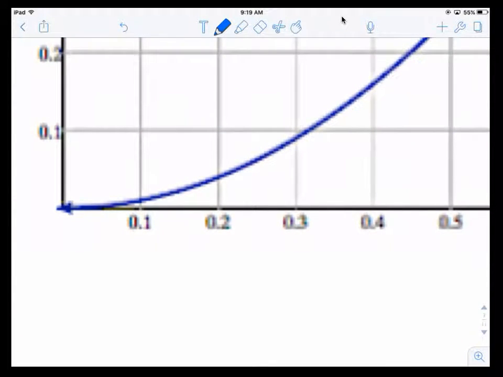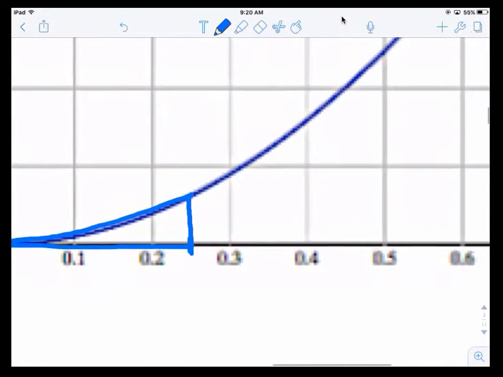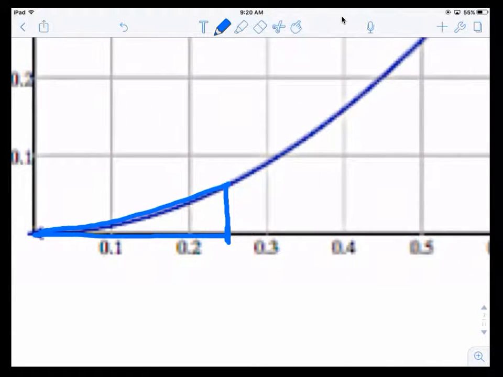All right, so if I'm going from 0 to 1/4, right? I forget how to draw these. Goes to there. 1. Right.